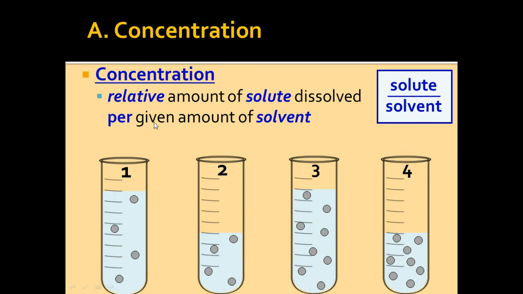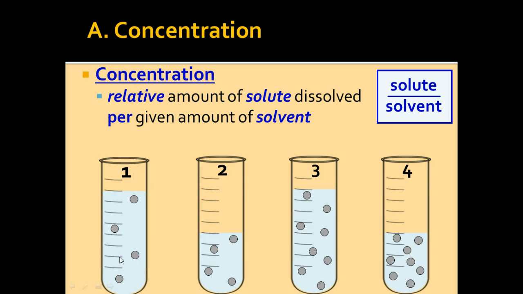If something is very concentrated, it has a lot of solute molecules per given amount of solvent. So if we have a lot of solute per solvent, that means it's very concentrated. The opposite is dilute, which is over here, where we have more solvent relative to the solute molecules.